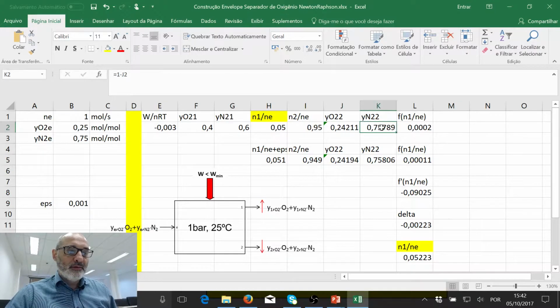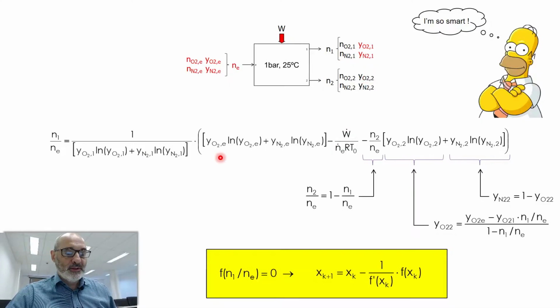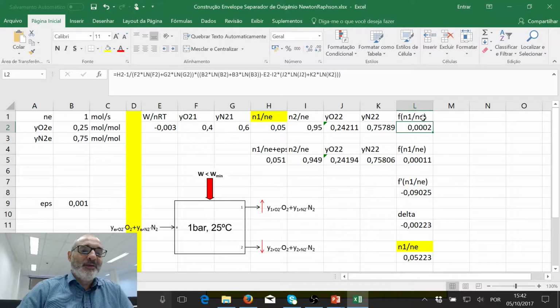Then we have the concentration of nitrogen at exit number 2, a very simple formula. And then I have my function f, which is this function here. Okay, f of x. X is n1 divided by ne.